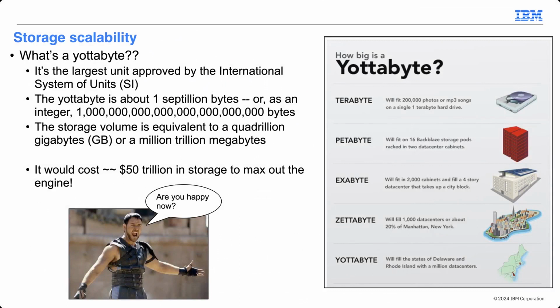We looked at what it would cost to actually implement this and found that it would cost you approximately 50 trillion US dollars to buy the amount of disk it would require to fill up an Informix instance. The data centers to hold the disk would actually cover the entire state of Delaware and the state of Rhode Island.